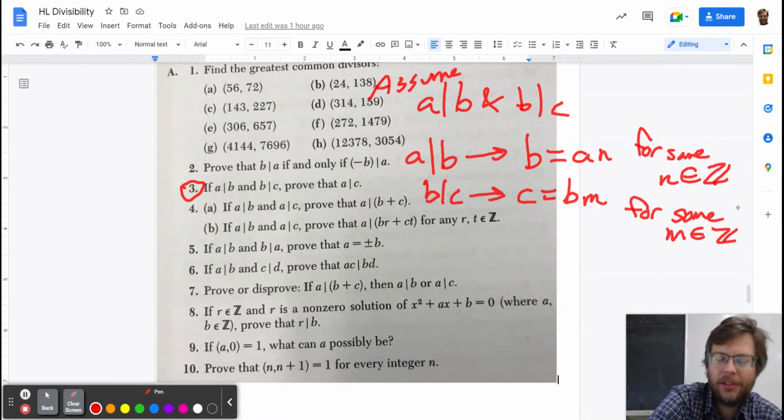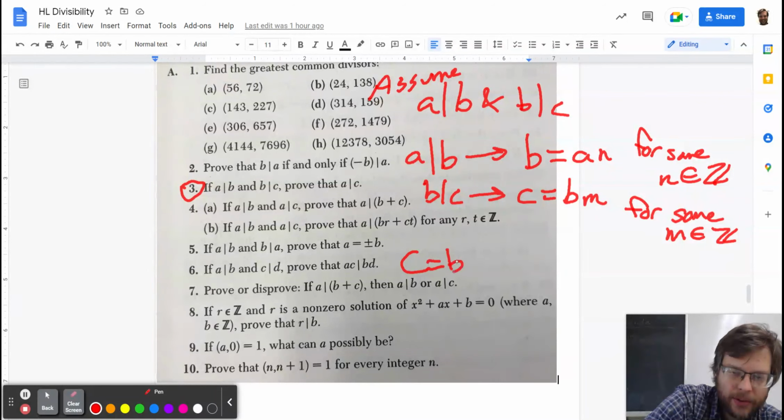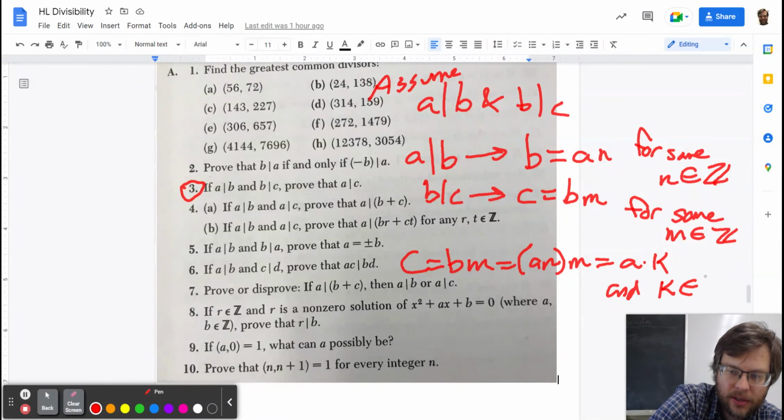the second divisibility. And so when we're trying to prove that A divides C, what that means is C equals BM, but B is equal to AN. So we have ANM, which is equal to A times K, and K is an integer.